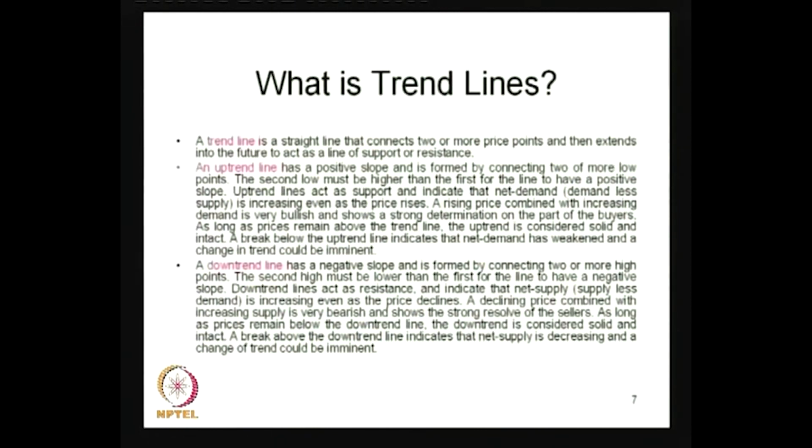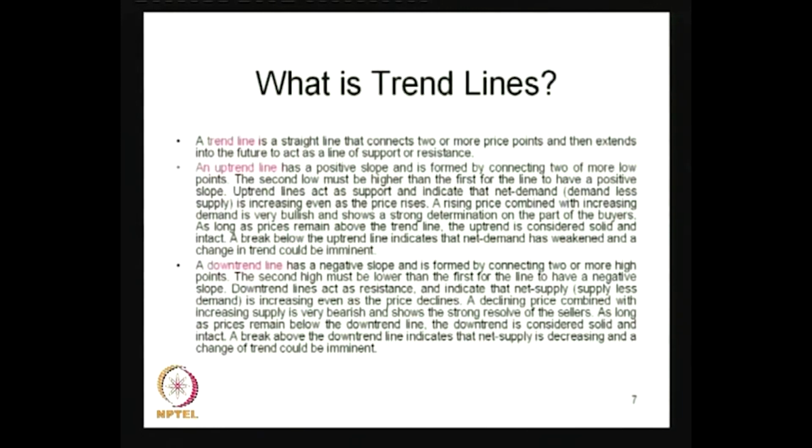It is basically the forecasted or predicted line that you draw on the basis of the price points of that asset, and accordingly we can decide the support and resistance lines, which we will discuss further. Here you have to observe two more things: the uptrend line and the downtrend line.